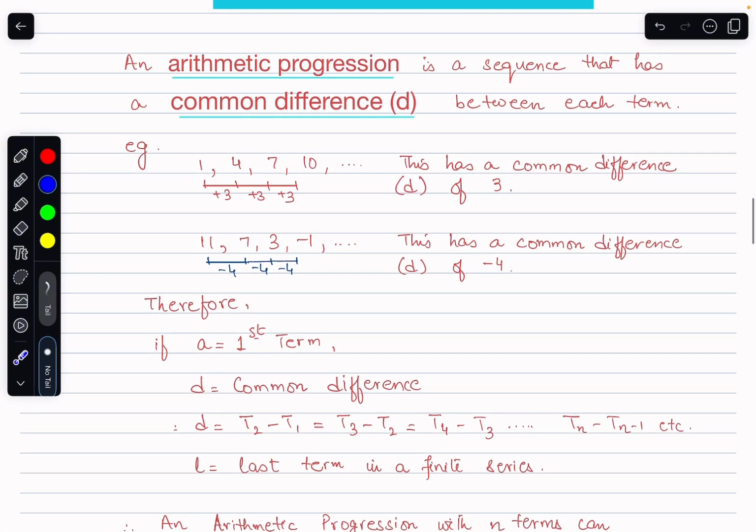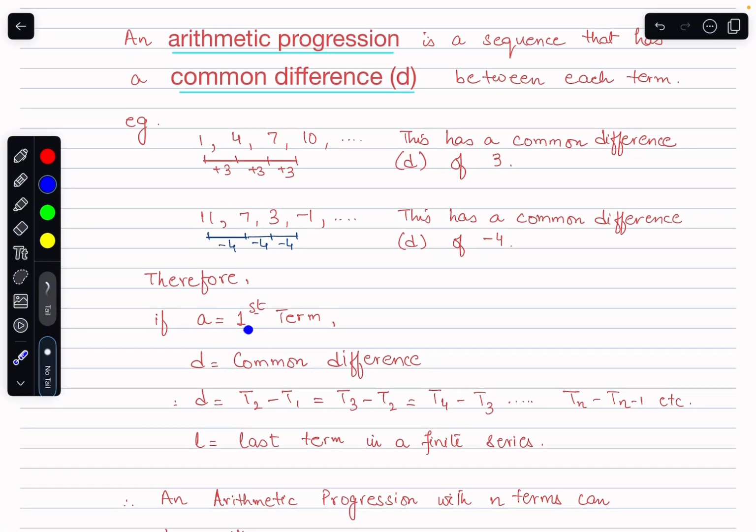Therefore, we can say that A is the first term. We usually write the first term with the letter A. D is the common difference, and this common difference is equal to the difference between two consecutive terms, so that it is T2 minus T1.